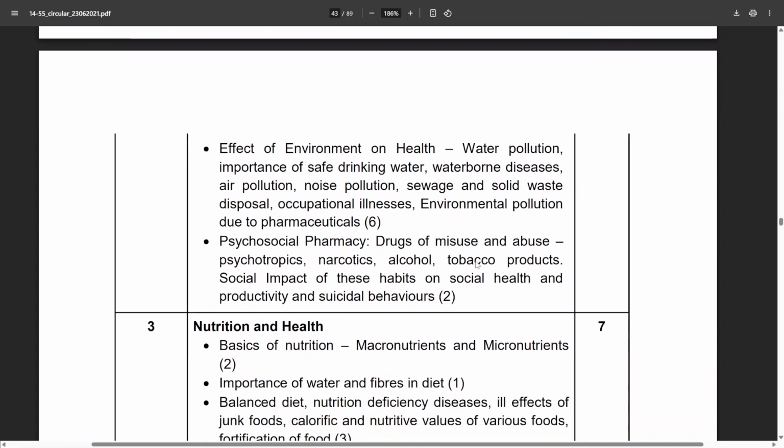Effect of environment on health: water pollution, importance of safe drinking water, waterborne disease, air pollution, noise pollution, sewage and solid waste disposal, occupational illness, environmental pollution due to pharmaceuticals.